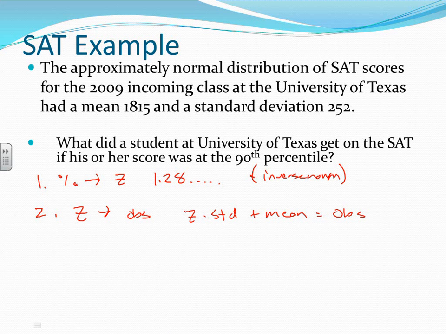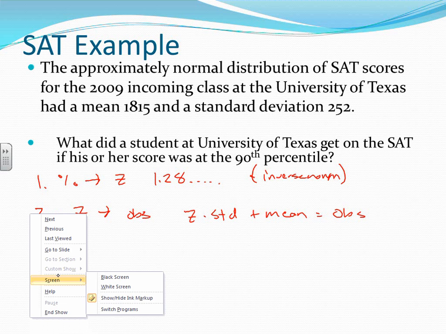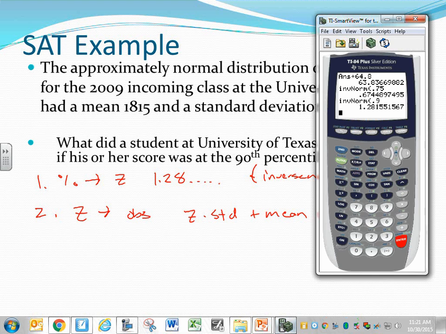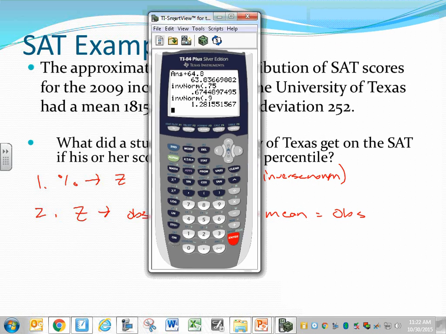So watch what I do using my calculator. I already have my z value, 1.28, okay? You have to be 1.28 standard deviations greater than the mean to be in the 90th percentile. I will then take that value and multiply it by the standard deviation of 252.